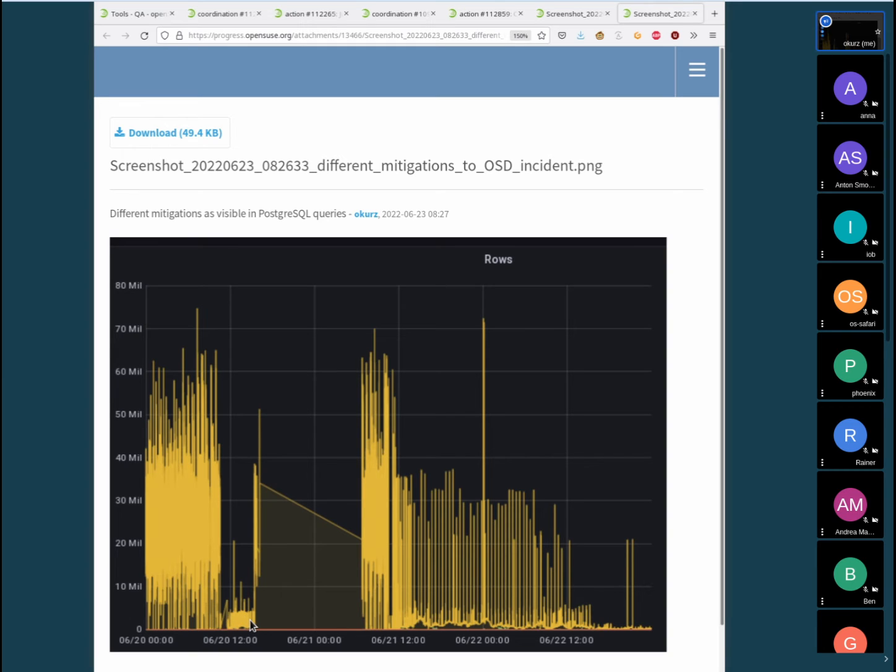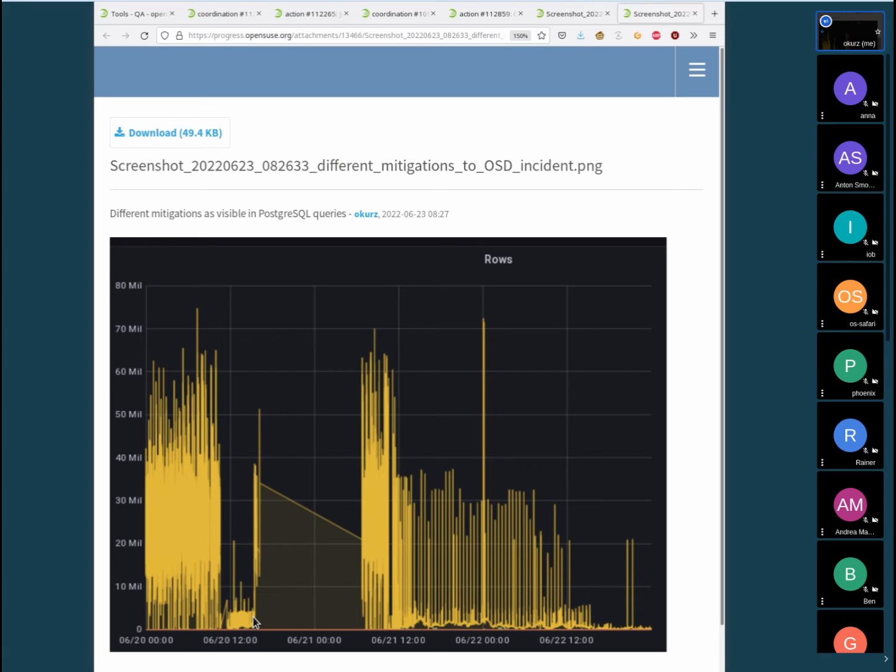But this made the system responsive. So over the course of Monday, if you would have used the system, you probably wouldn't have seen any impact, because I would say at the early European morning until late European afternoon, there was no problem at all visible to the outside, except for a slightly increased load.